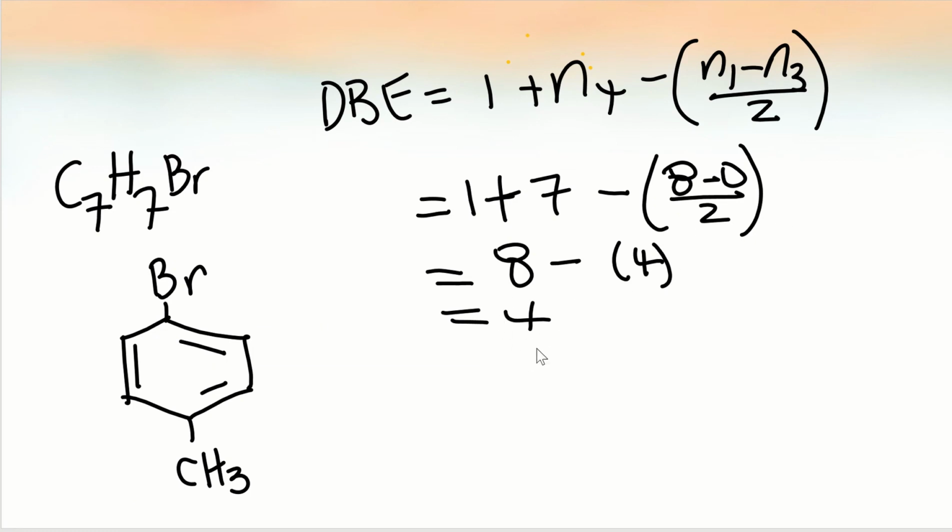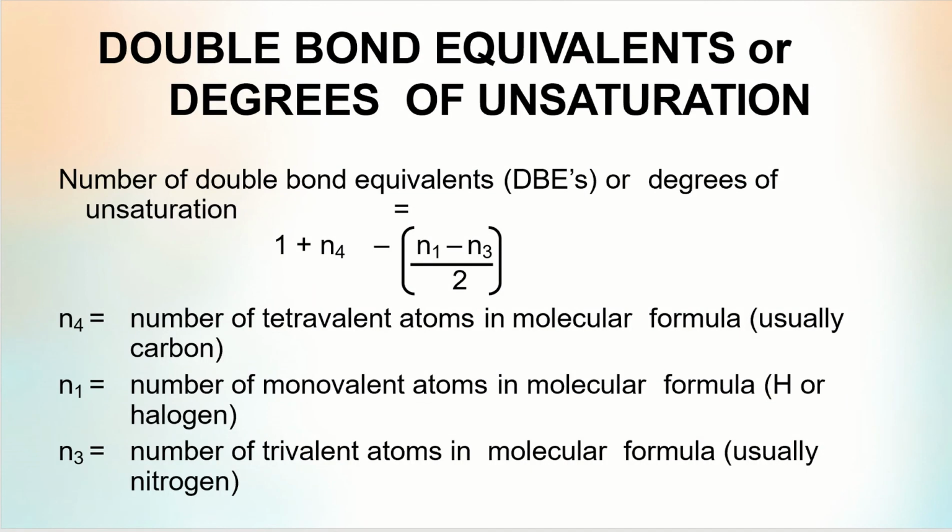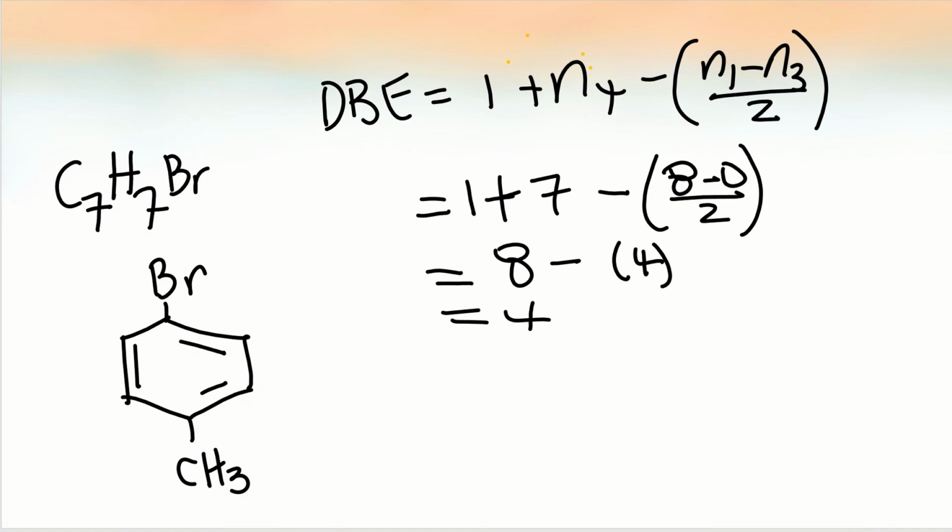So what that number means is that you have 4. Let's just go back to what it stands for, DBE. It stands for double bond equivalence or degrees of unsaturation. So we have calculated 4 here, which means in this particular instance that we have 3 double bonds and 1 ring, right?